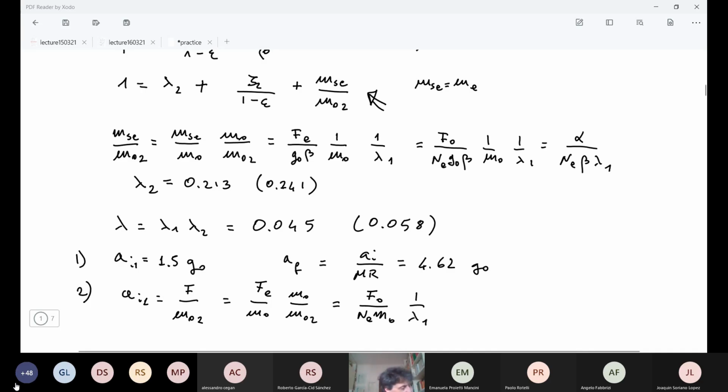F0 over M0 is alpha G0, over NE lambda 1. So NE is again, of course, 5, as we have defined at the beginning. We know the value of lambda 1, we know the value of alpha, and so it results that this will be 1.42 G0.